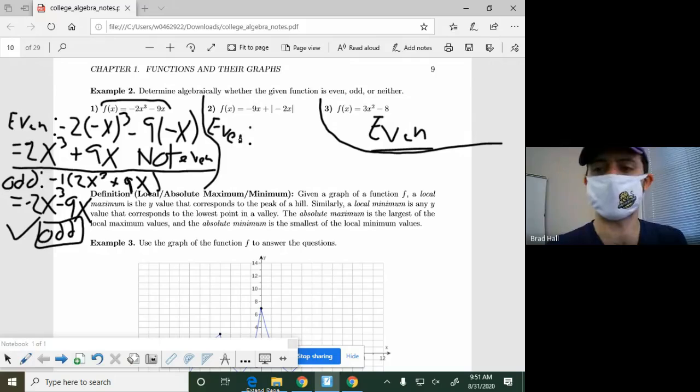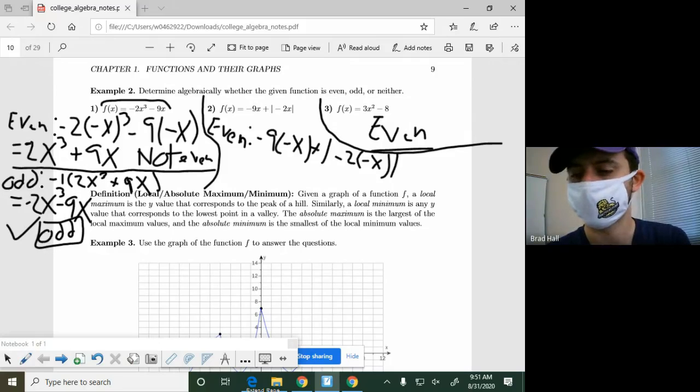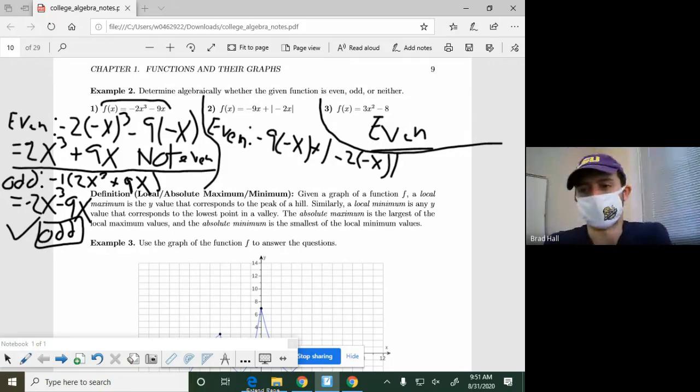So what even says, replace every x with a -x, like we did before. I replaced every x with a -x, and I kept everything else the exact same. Every -x, I put parentheses around to really emphasize that substitution.